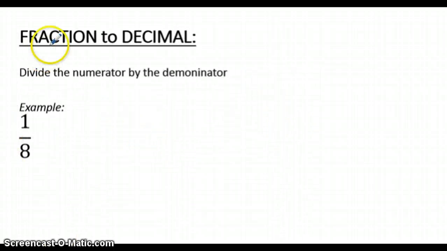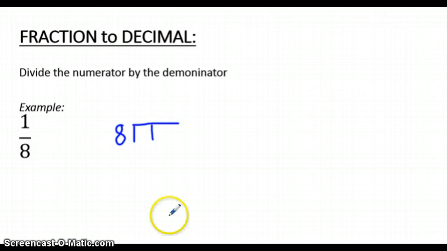Let's see how we're going to go from fraction to decimal. What we're going to do is divide the numerator by the denominator. So in the example, 1 over 8, 1/8, we could say 1 divided by 8.